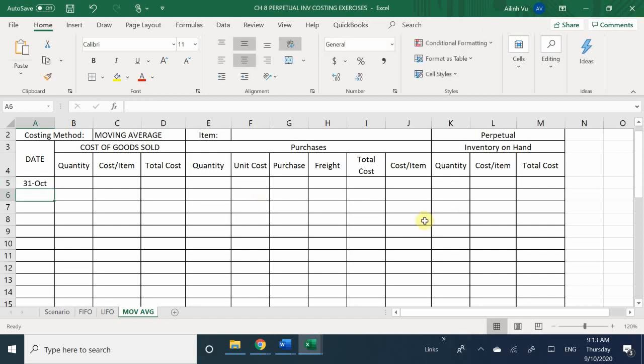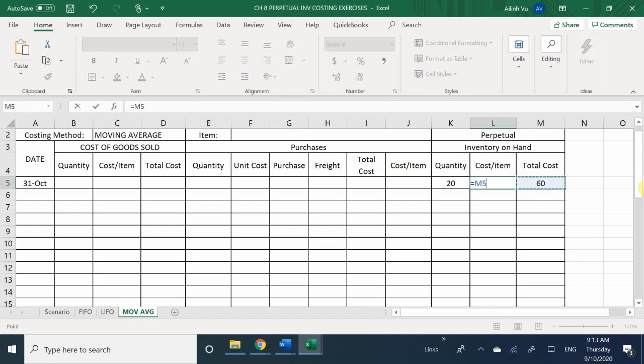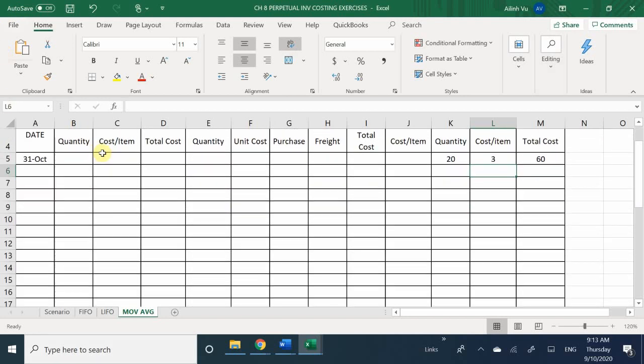If you didn't have your inventory worksheet on hand, you can also calculate your cost per item easily. Since we know we have 20 items and it cost us $60, you just take this divided by your 20 to get the $3. But in this case, we know because it's a continuation of our problem.